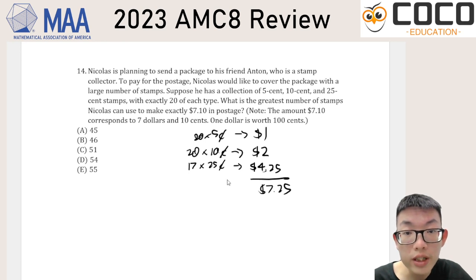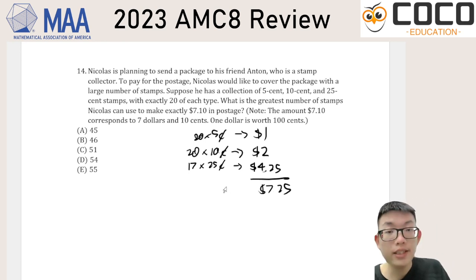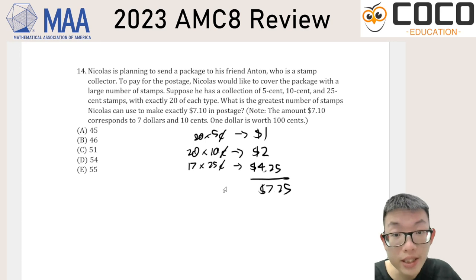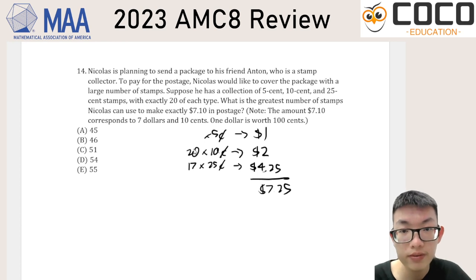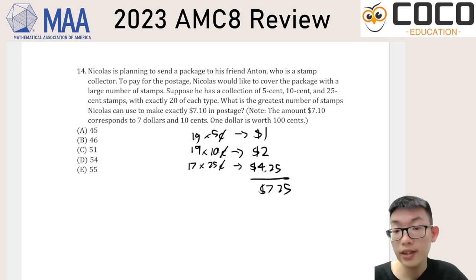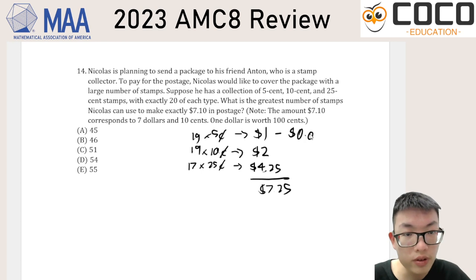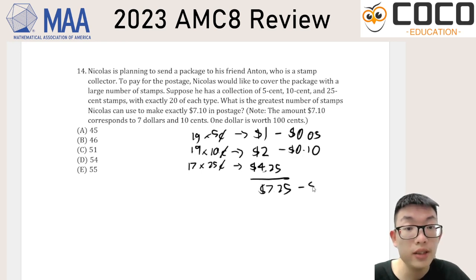So I want to take away as few stamps as I can to get exactly 7.10, and so what I would do is just to take away 1 10-cent and 1 5-cent, so 19 of each. Right, if I do that, then I am going to exactly subtract off the 15 cents that I need.